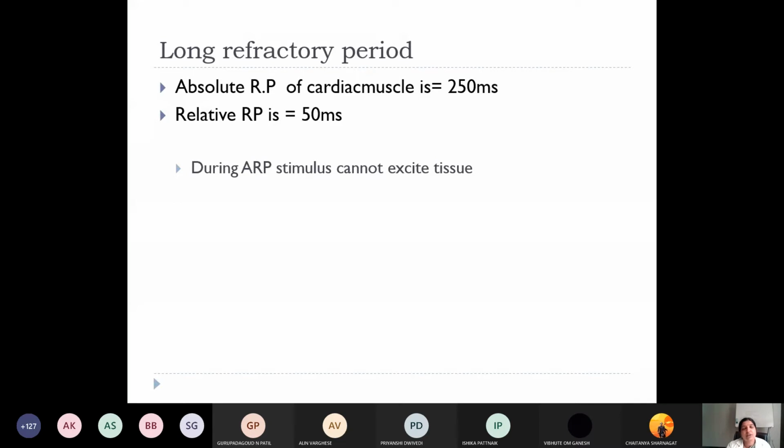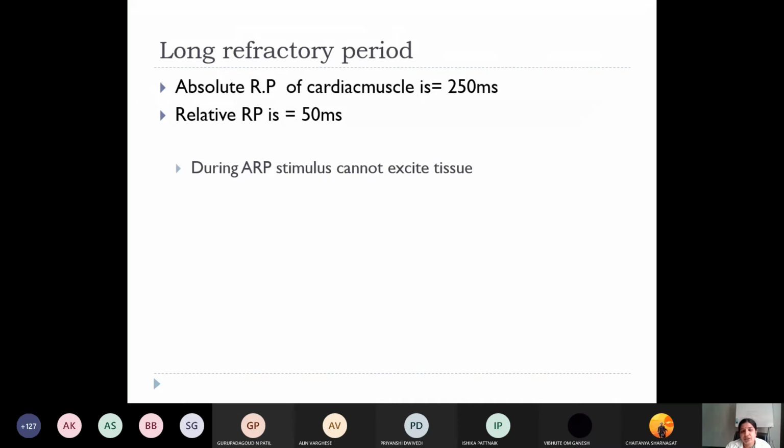That is why this is one of the important protective mechanisms of cardiac muscle action potential. Absolute means it is absolute. It will not respond to any strength of stimulus which falls in that period. So this is one of the very unique properties of cardiac muscle.